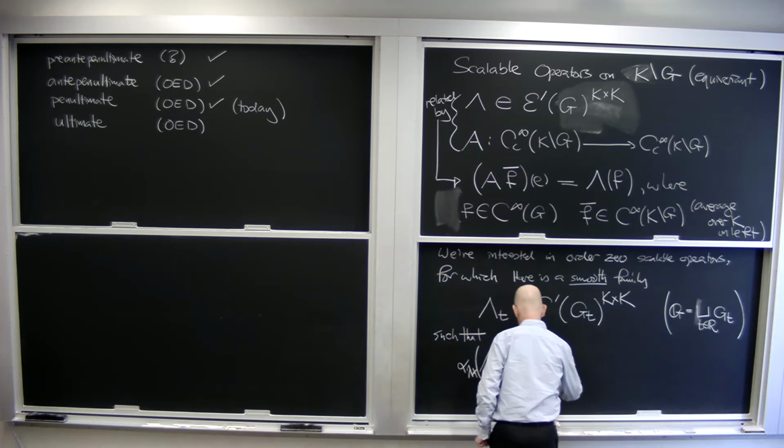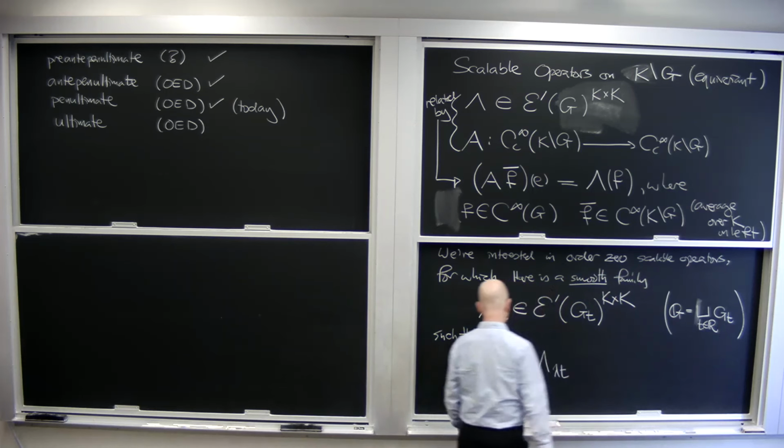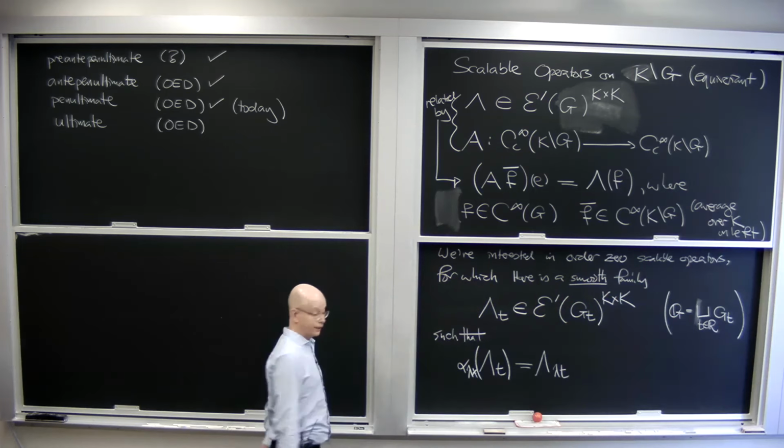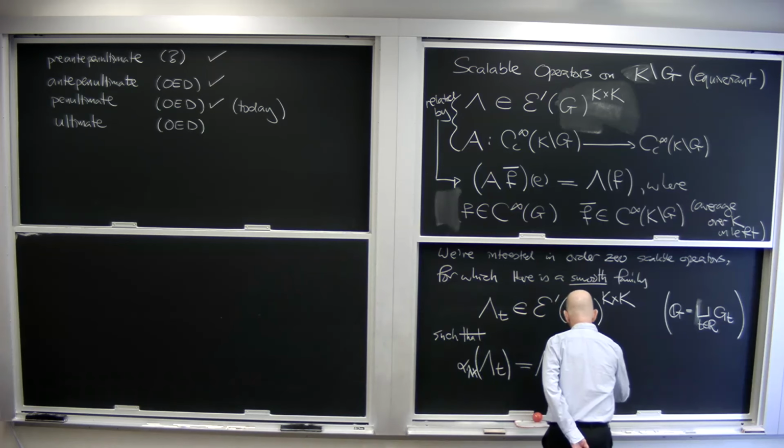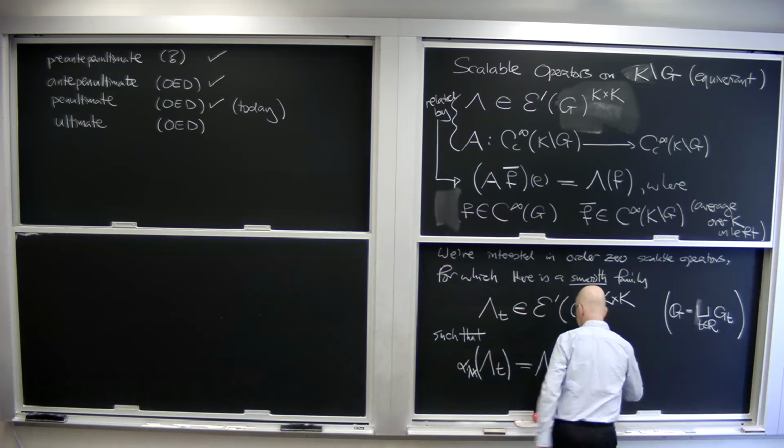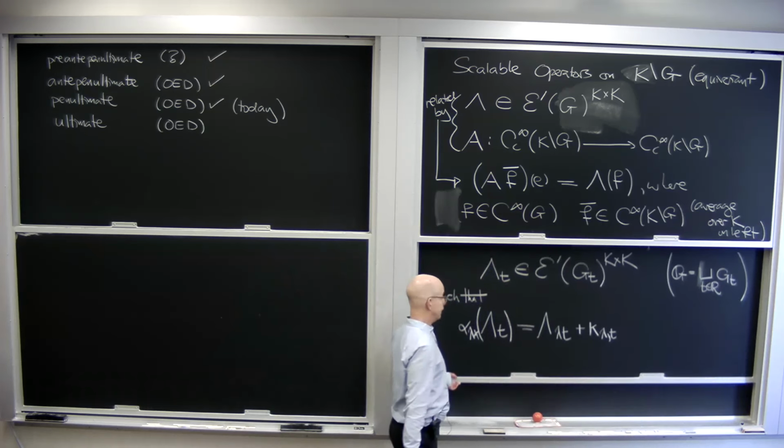And the condition is just this, I haven't finished yet, this would say that the lambda t's were scale invariant, and that's too much to ask. But if you add a little kappa lambda t like this, then it's not too much to ask.